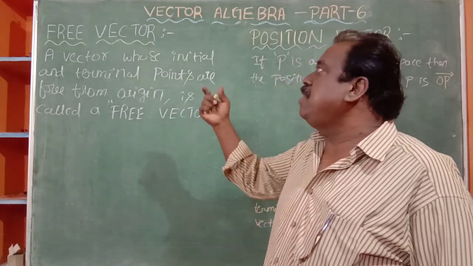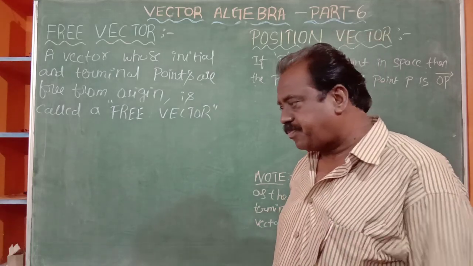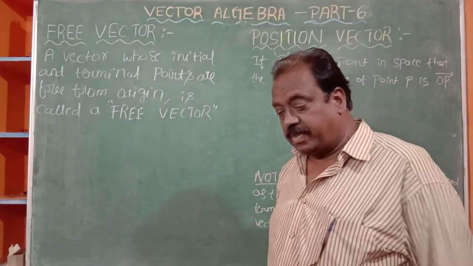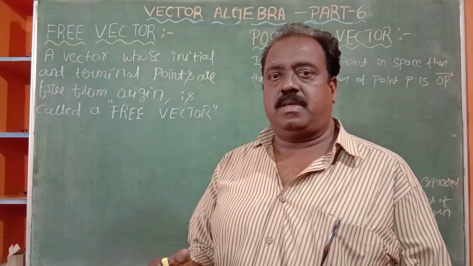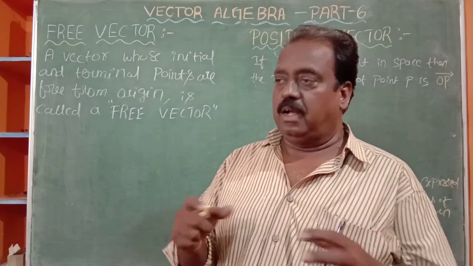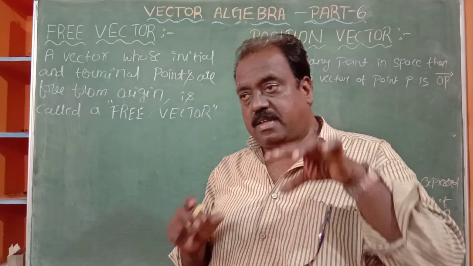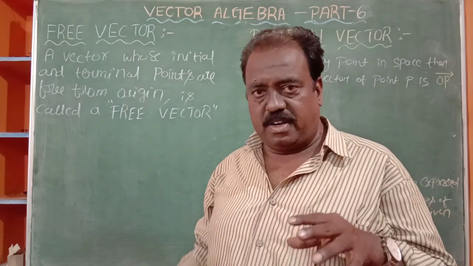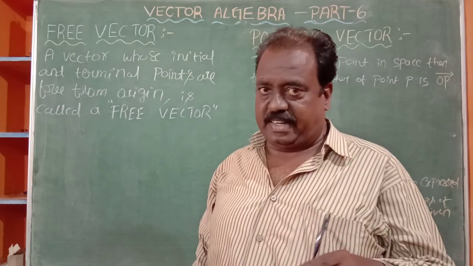Here, a free vector. What is a free vector? Observe me. Already we discussed it. Vector means it is a three-dimensional geometry and algebra. Vector is a concept, not on the two-dimensional plane. A vector has a length and a direction.